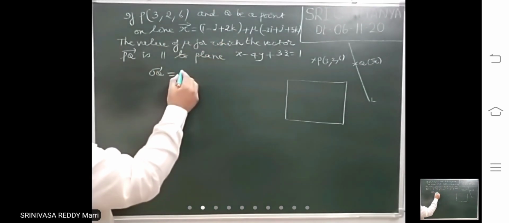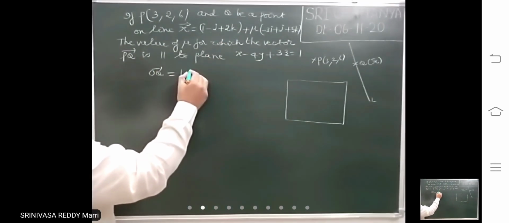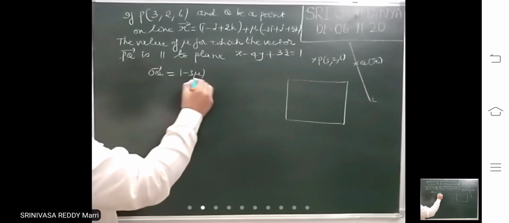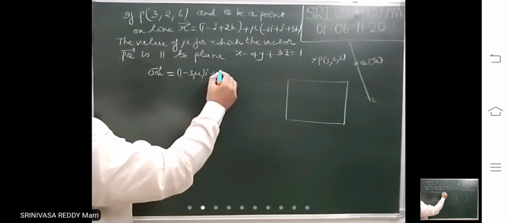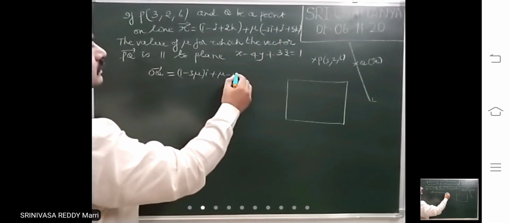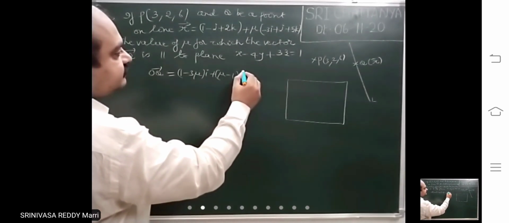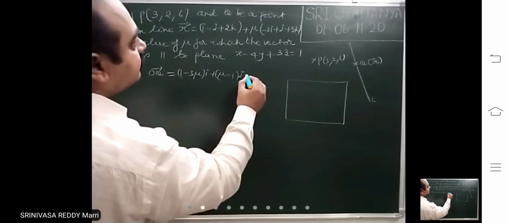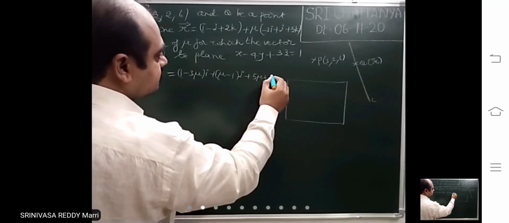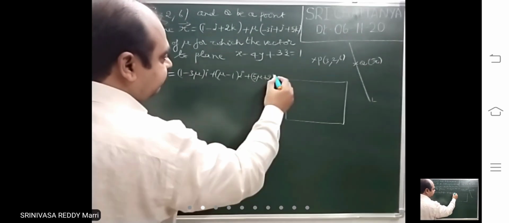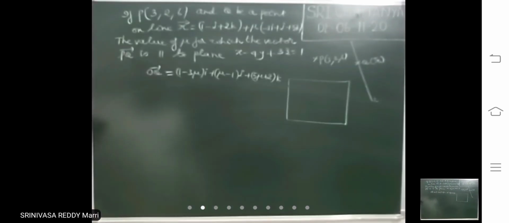You arrange this: OQ bar = (1 - 3mu)i + (mu - 1)j + (5mu + 2)k.